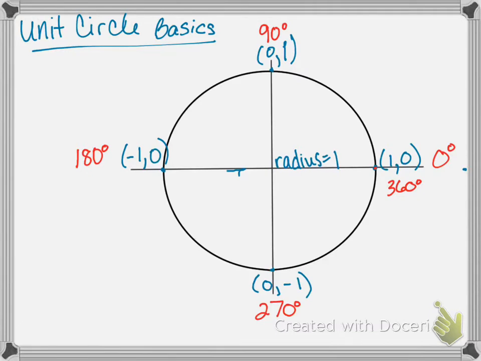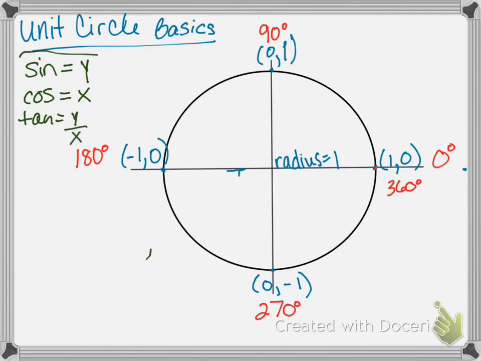So what I want to do first, before we get to more angles, is talk about how to actually use this unit circle. One of the basic things we need to know is that sine is equal to the y value, and cosine is equal to the x value of the coordinate. And then tangent, I briefly talked about this during the trig basics section, is sine over cosine, so it is y over x.